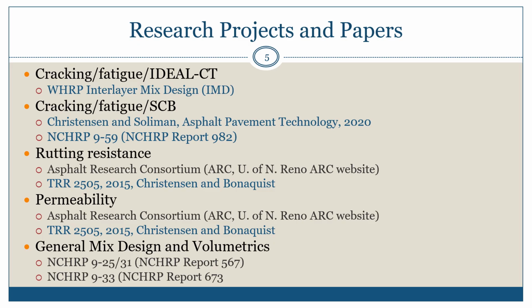The second of these is NCHRP 933, documented in NCHRP report 673. This last project involved development of a mix design manual for hot mix concrete. You can download both that final report and the mix design manual from the internet pretty easily.